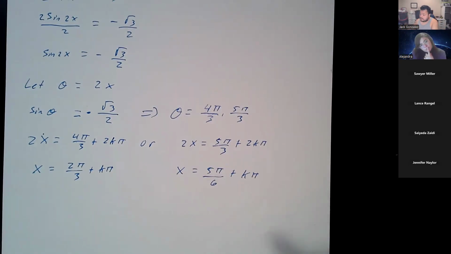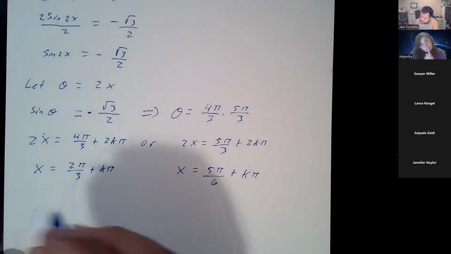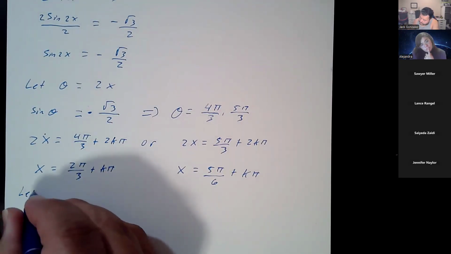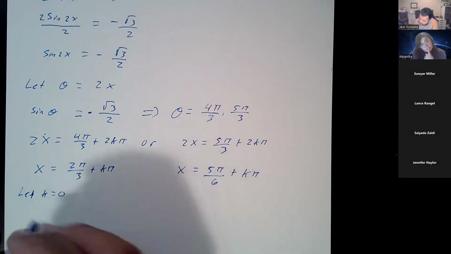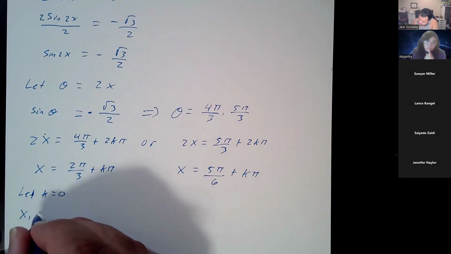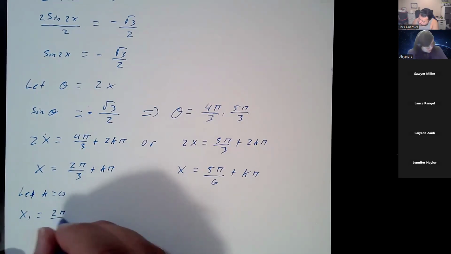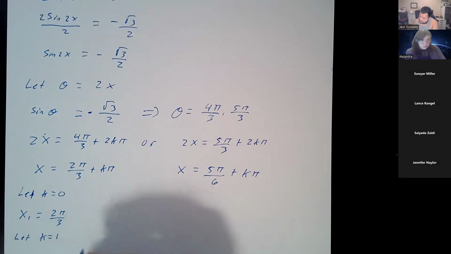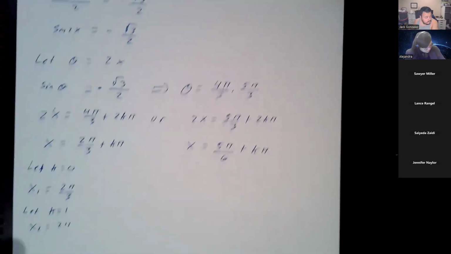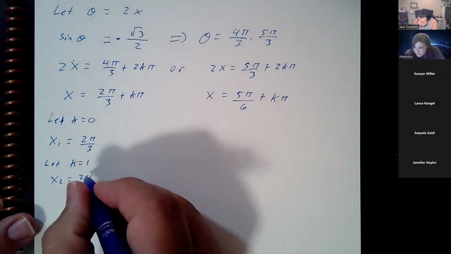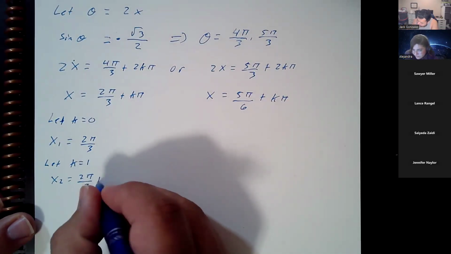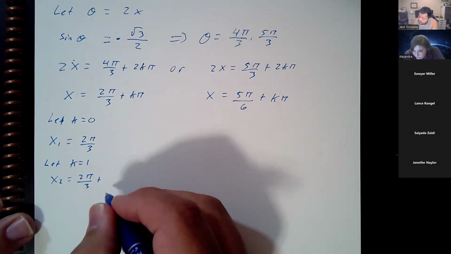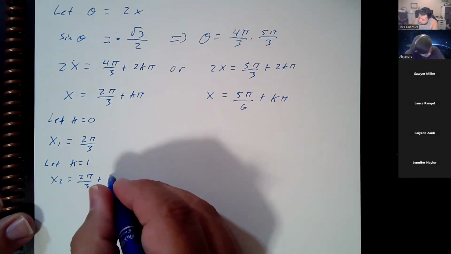This is the best way to find it. So let k equal 0. That'll be the first solution. Let's call it x1, I guess. Let k equal 1. That'll be x2, so that'll be 2 pi thirds plus 1 pi.